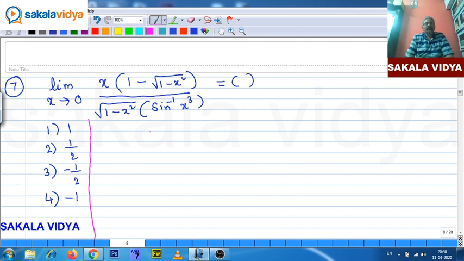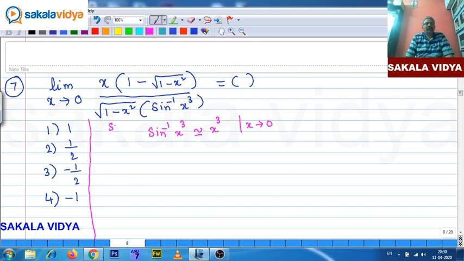Now this sine inverse x cube, as x approaches 0, you can write as x cube when x tends to a very small value.